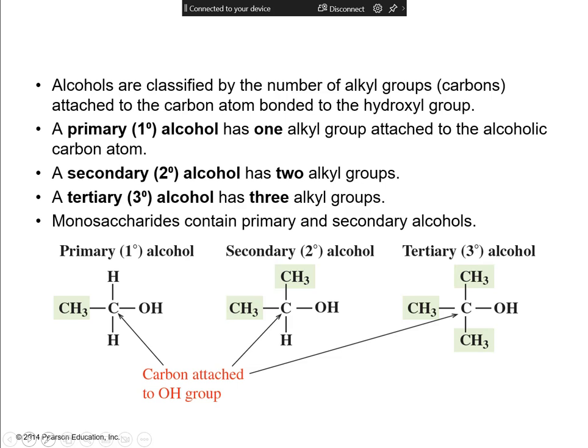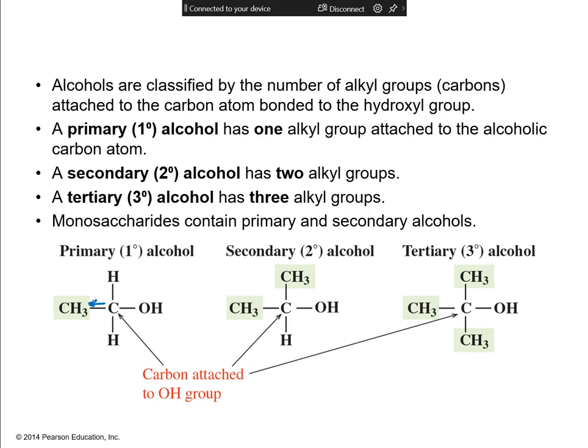Homework question, and I'll just mention this. The homework question asks about primary, secondary, and tertiary alcohols. A primary alcohol is listed first, then the secondary, then the tertiary. Take a minute and look at those. A primary alcohol is defined as an alcohol group connected to a carbon that only has one other carbon connected. See here, there's only one.